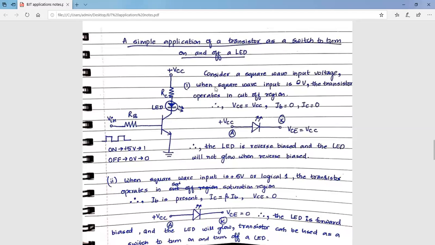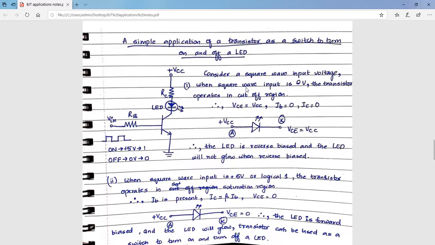So now let us consider a square wave input. When the square wave input is 0, that is equal to 0 volts, and when the input is equal to 1, it is equal to plus 5 volts. Clear?